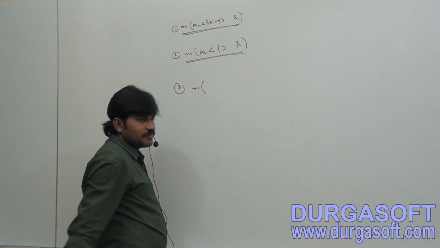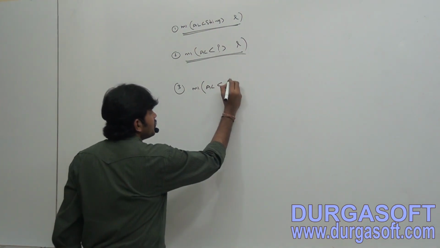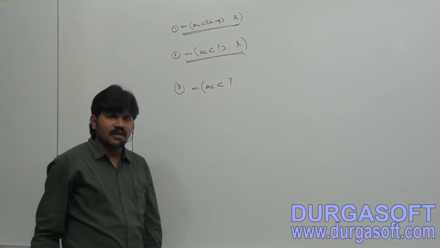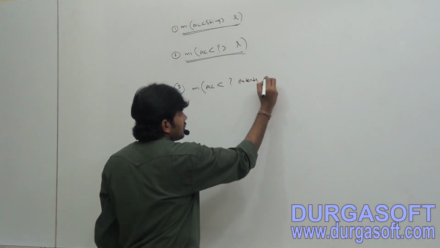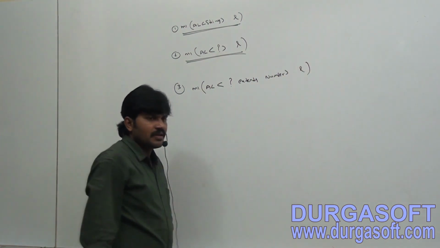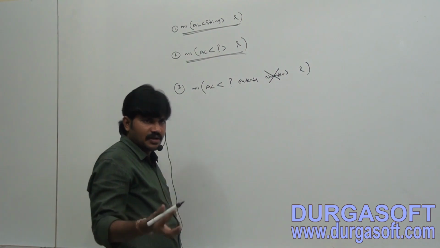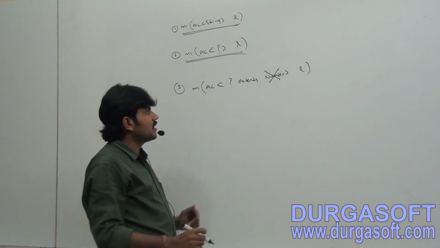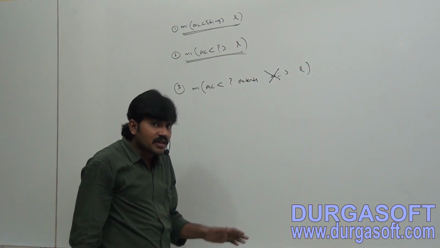M1 of ArrayList of question mark extends Number, like I am taking. ArrayList of question mark extends X, maybe Number or maybe an interface, anything. Sir, how can we call this method?